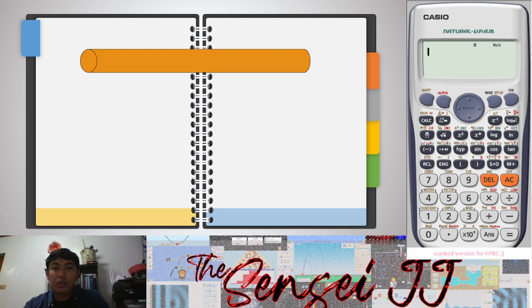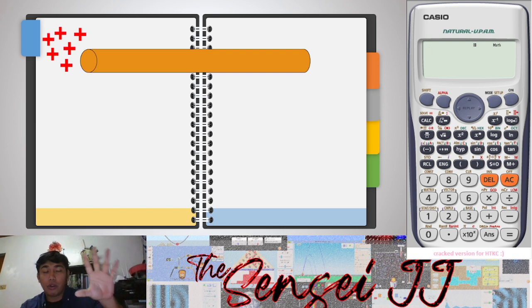Okay, so this conductor, when we talk about conductor, when it comes to connecting charges, there are positive charges outside our conductor. So as you can see, we have positive charges in here. So these positive charges tend to connect to our conductor to transfer a flow of electricity.